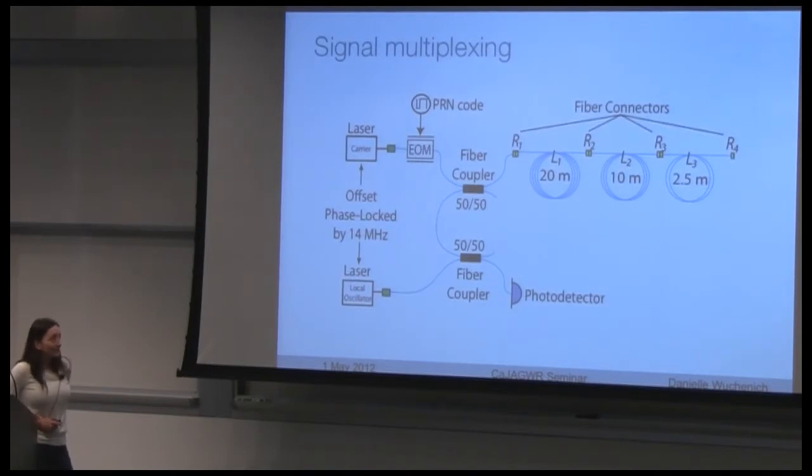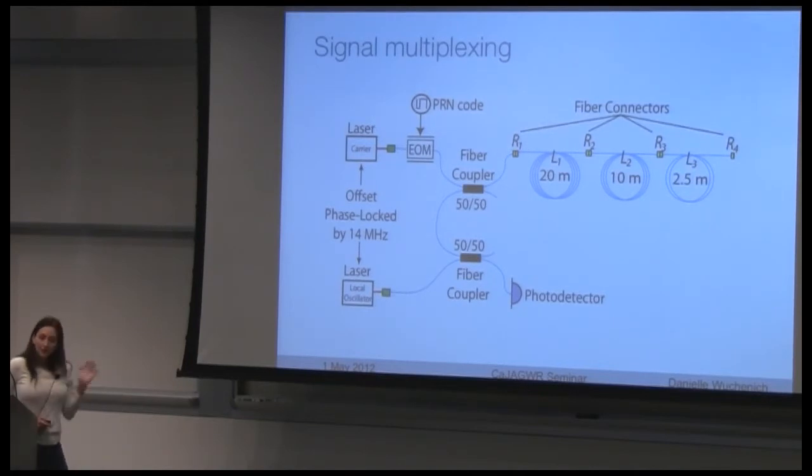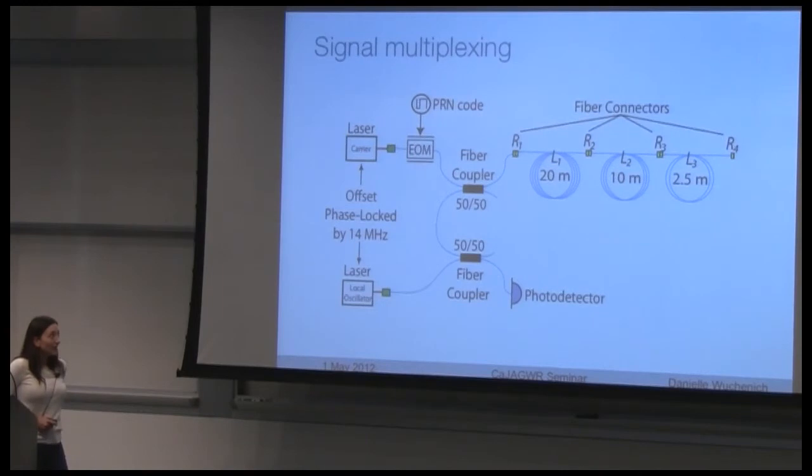Some of the light gets sent down to these fiber connectors. So you can think of each of these maybe as your target mirrors or something. And we used ultra-polished connector mirrors, not the angle polished, but the flat ones, so you get a bigger reflection. So essentially we were monitoring the back reflections from each of these signals, but again, we have this funny modulation on there. And so all of these little reflections come back and are detected at the photodetector.